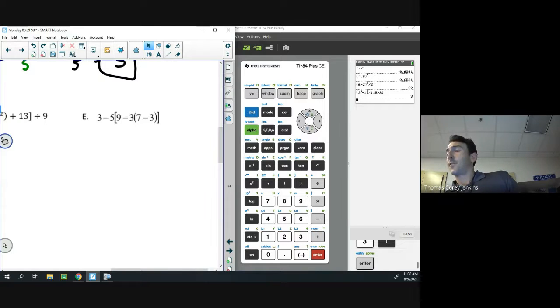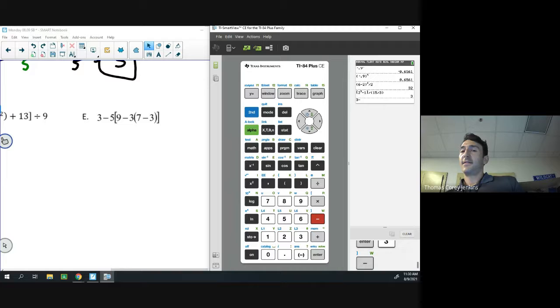So we have 3 minus 5, then open parentheses. 3 minus 5, open parentheses. 9 minus 3, you have to open another parentheses here. And then 7 minus 3. Really, you don't even have to close your parentheses, but I will.